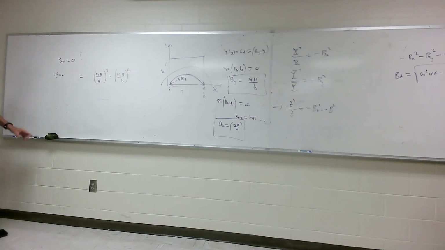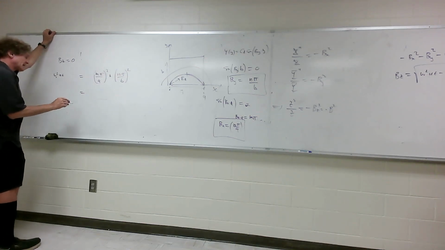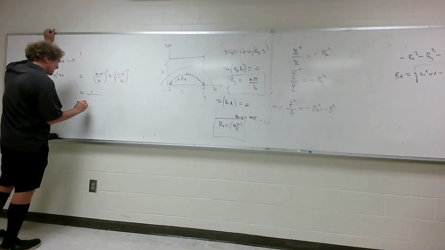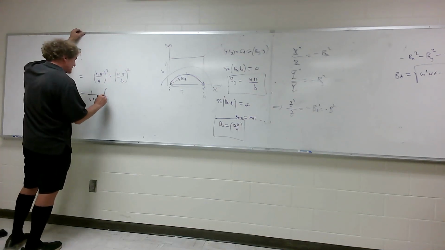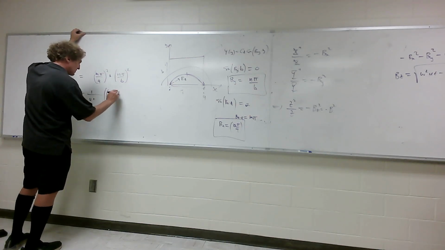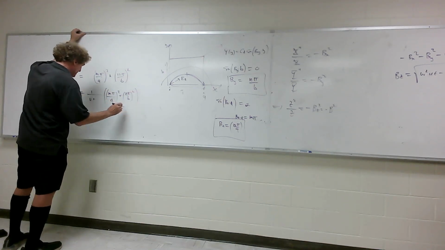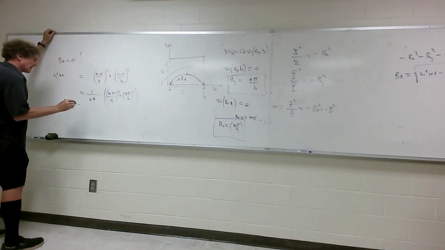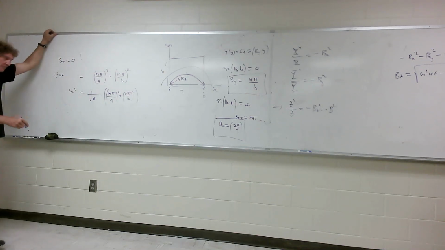All right, now I'm down here. Now I say that I can take 1 over mu epsilon here, and then I can take m pi over a right here and square it, plus n pi over b and square it. That's equal to my omega c squared. Y'all follow me on this, guys?